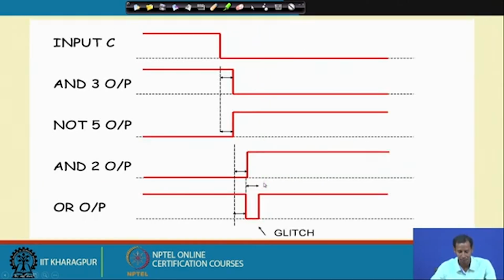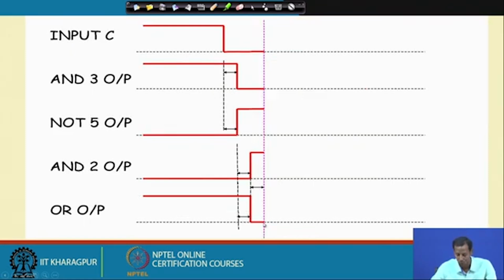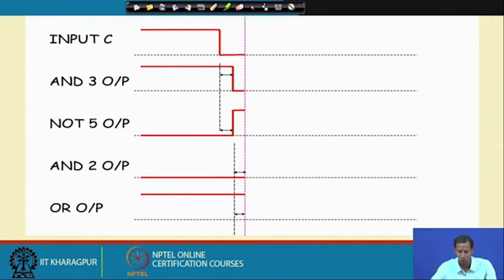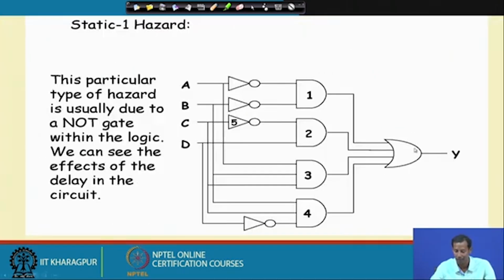Then again after some time what will happen, because of this particular term. So, this time period it will remain at 0, after that again it will change to 1. Why? Because OR is passing through 3 delay elements, that means 1, then 2, then 3.